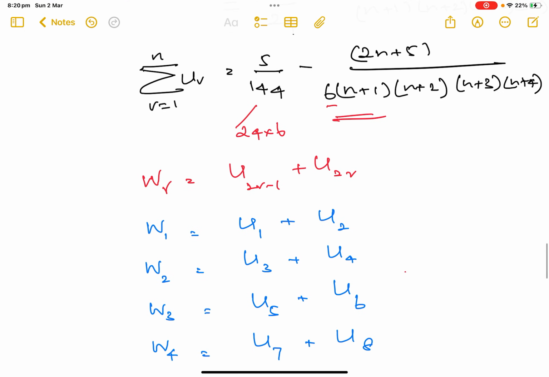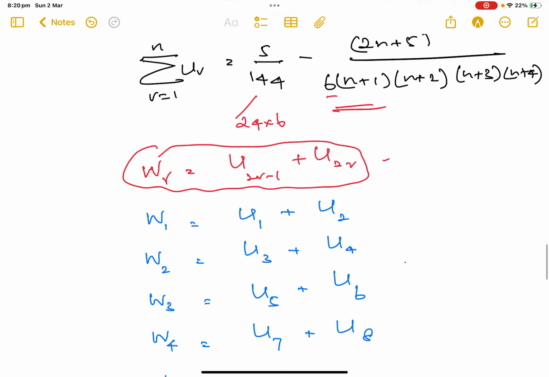So this one is given. W is that. So w_1 is simply u_1 plus u_2. So r equals 1: w_1 equals u_(2 minus 1) plus u_2, that is u_1 plus u_2.